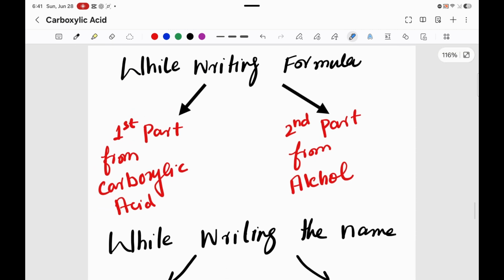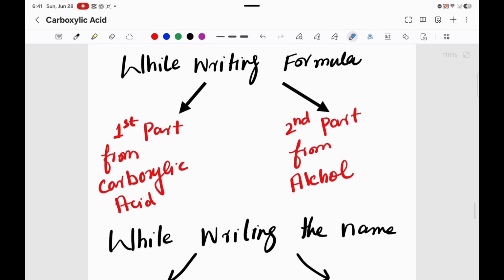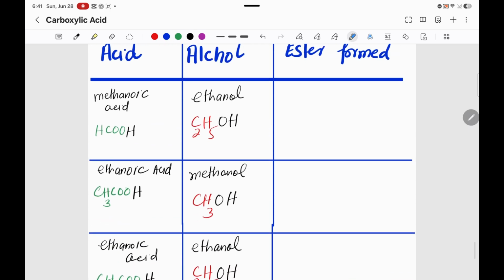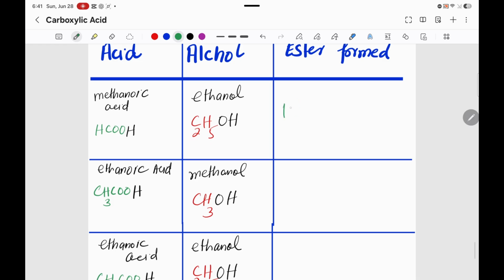What we have discussed while writing the formula: first part comes from the carboxylic acid, second part is from the alcohol. So first part is carboxylic acid. I will write HCOO C2H5. Clearly shown that first part is from the acid, second part is from the alcohol.